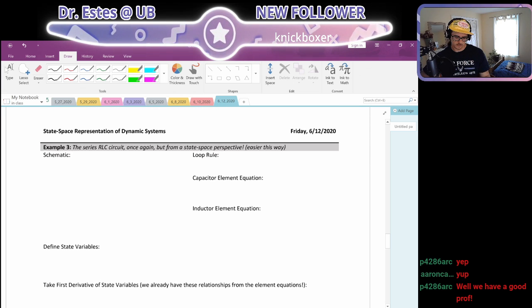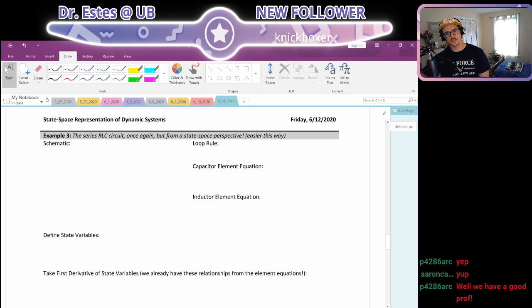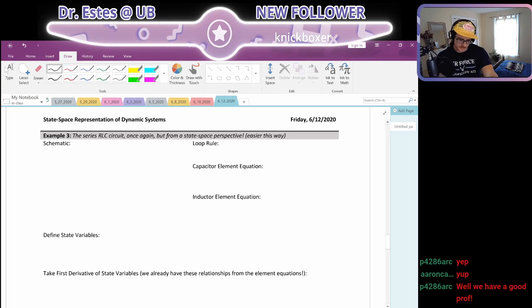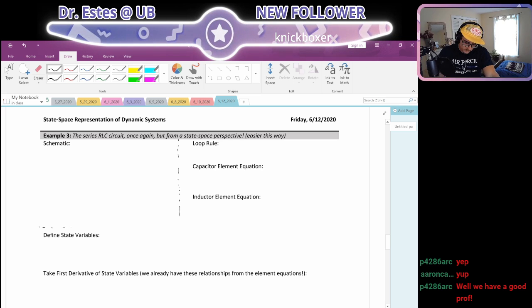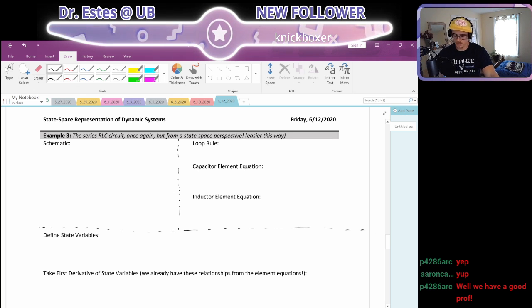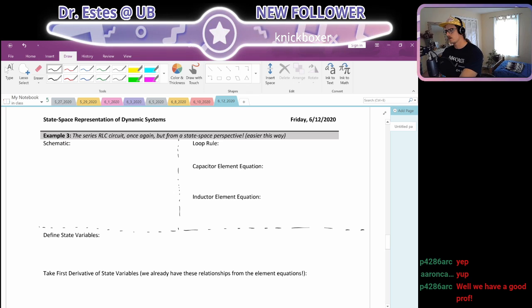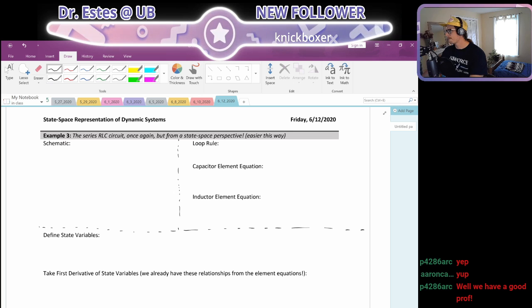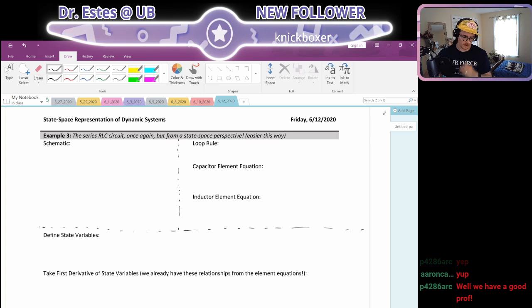Okay. So let's go to a physical system. We're going to go to this RLC circuit. And we've modeled this before, but now I want to go back and do it in state space. Let me pull up a cheat sheet on the side. All right.